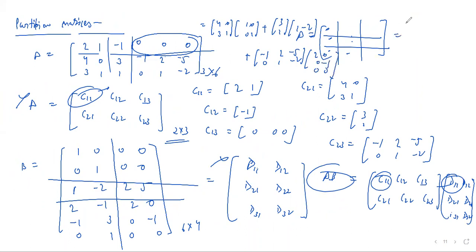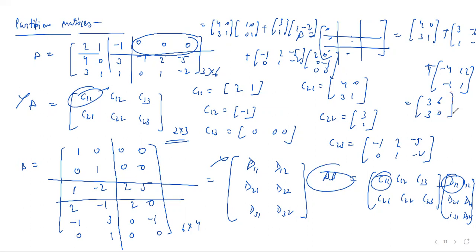The first multiplication is 4 0 3 1, plus the second is 3 minus 6, 1 minus 2, plus the third is minus 4 1 2, minus 1 1. So this is 6 12 minus 6, and this is 3, and 1 minus 1 will be 0, and minus 2.